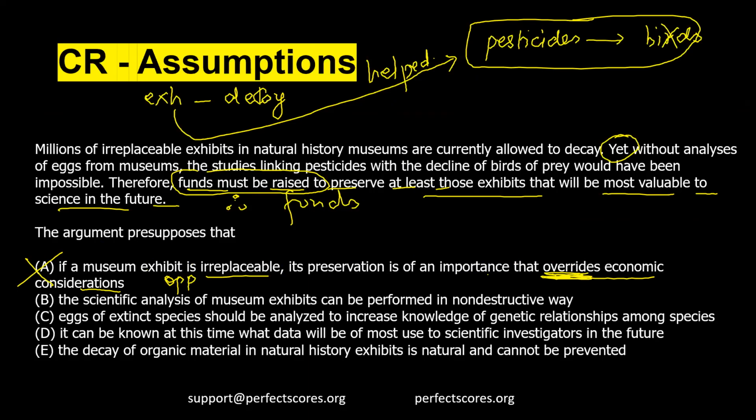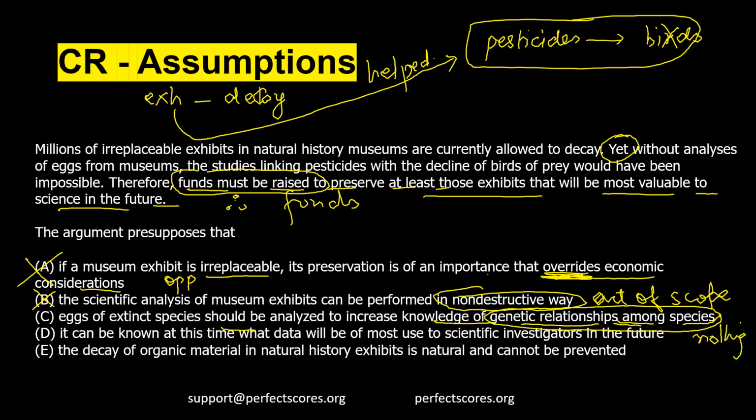B: The scientific analysis of exhibits can be performed in a non-destructive way. We're not talking about destruction or non-destruction at all. We're not talking about the methods, so B is out of scope. Let me write that down here. C: Eggs of extinct species should be analyzed to increase knowledge of genetic relationships among species. This is a totally nonsense answer because it does not do anything, and it's just added there as one of the extra options.